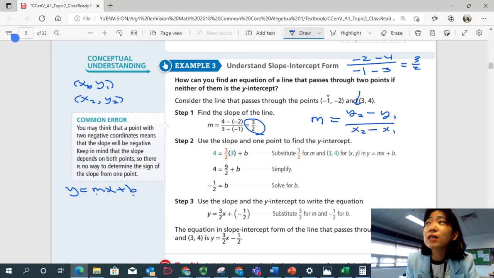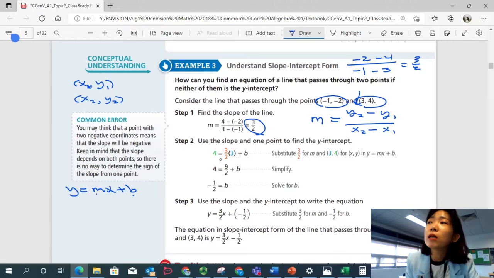So if x is -1, your y has to be -2 if it is on the line. If your x is -1 and y is a different number other than -2, that means that point is not on the line. So you could choose that point, or you could choose (3, 4), it doesn't matter.